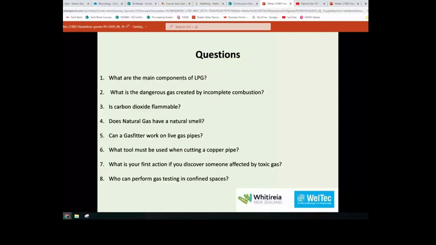What's the first action if you discover someone affected by what you presume could be a toxic gas? You may not know for sure, but there's a potential for them to be affected by a toxic gas. It's a bit of a tricky one because you don't want to put yourself in danger as well.